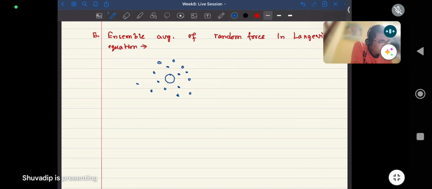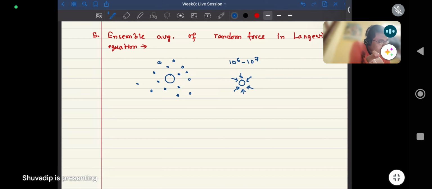So if I am looking at many ensembles, a very large number, of the order of say 10^6 or 10^7 ensembles, we will see that in each ensemble the particle is getting thermal kicks from a different direction. And if I consider a large number of ensembles, I will see that from all possible directions it is getting a thermal kick.